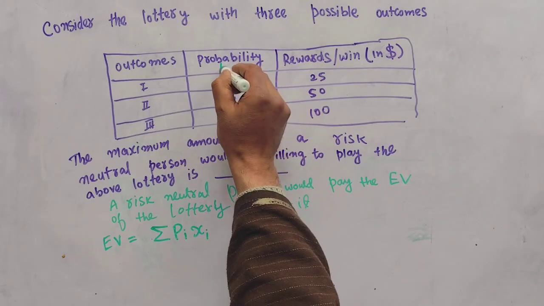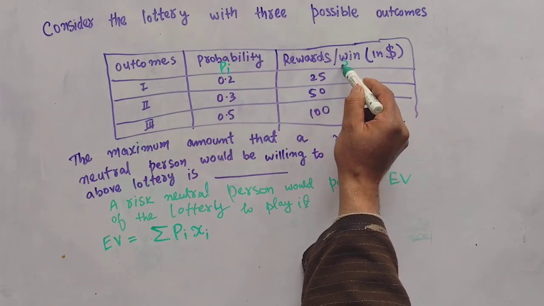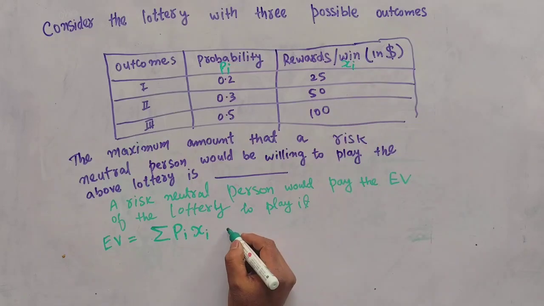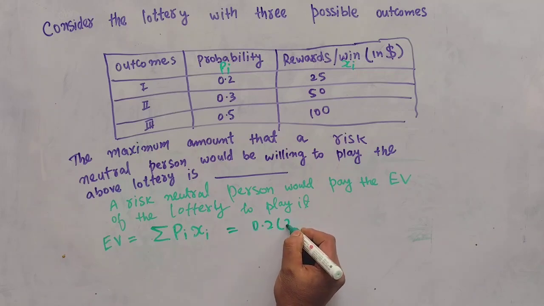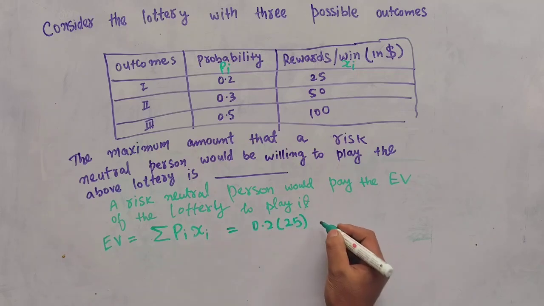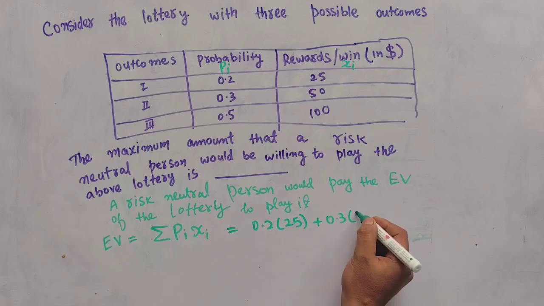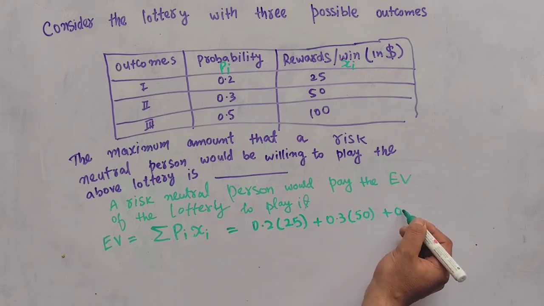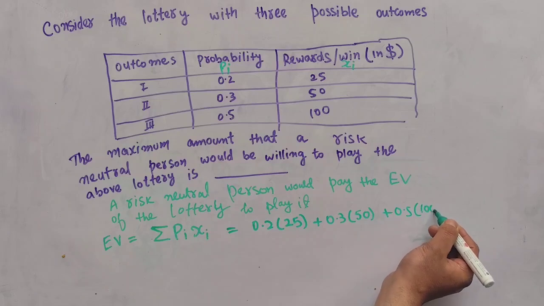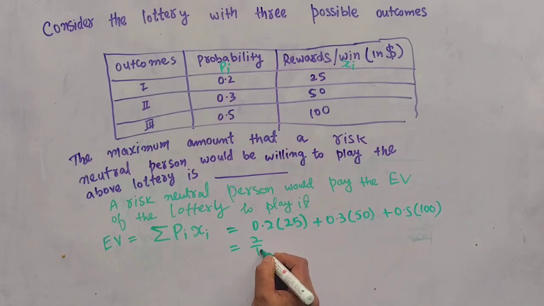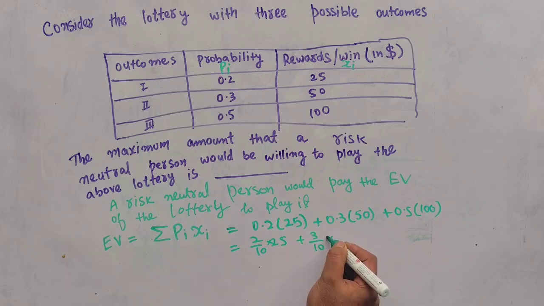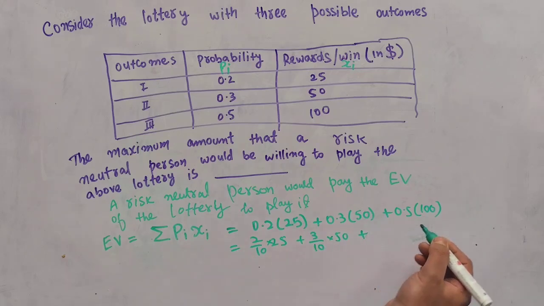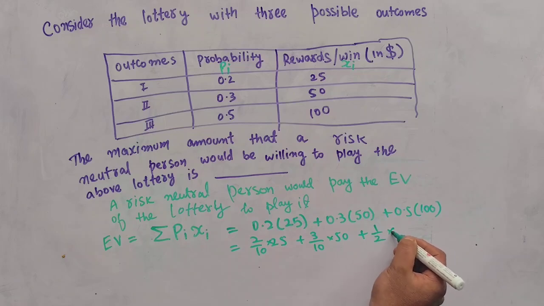If I denote probability by pi and the rewards by xi, then it will be equal to 0.2 times the outcome 25 plus 0.3 times the corresponding outcome 50 plus 0.5 times the corresponding outcome, which is 100, which is equal to 2 upon 10 times 25 plus 3 upon 10 times 50 plus 1 upon 2 times 100.